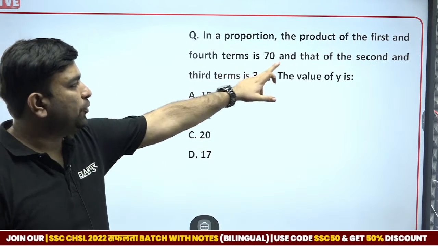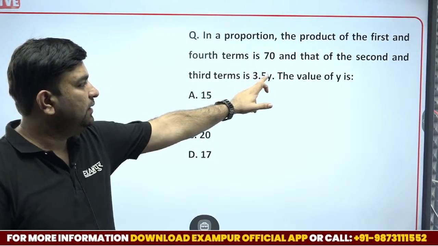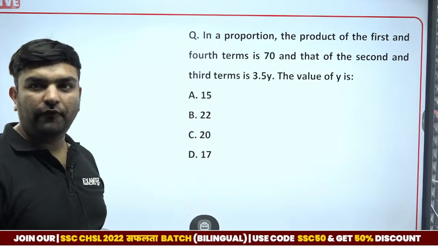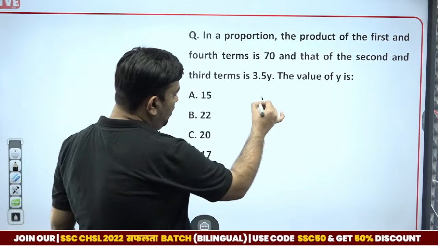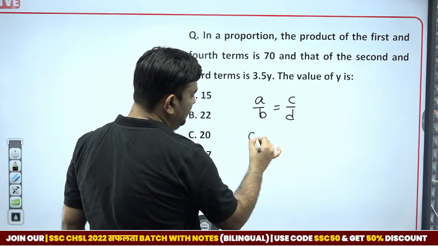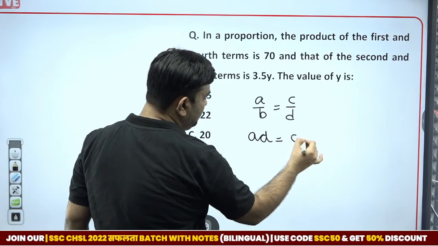In a proportion, the product of first and fourth is given and that of second and third is given. What is the value of Y? Obviously, the proportion of four numbers A upon B is equal to C by D, so AD is equal to CB.